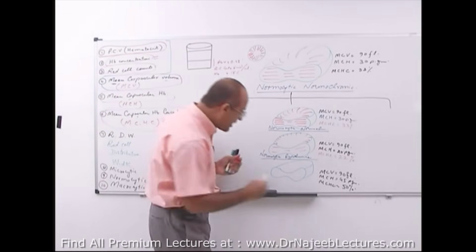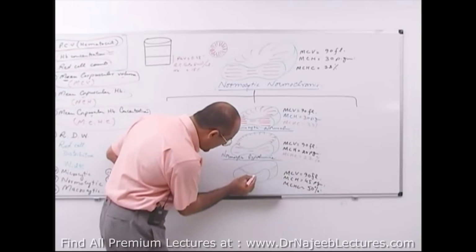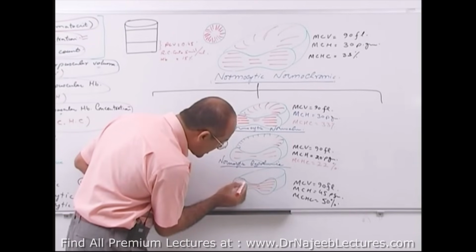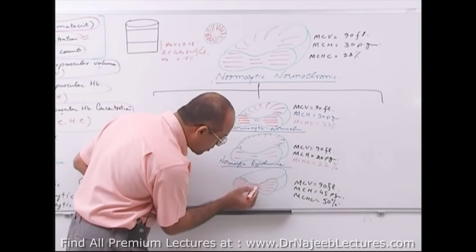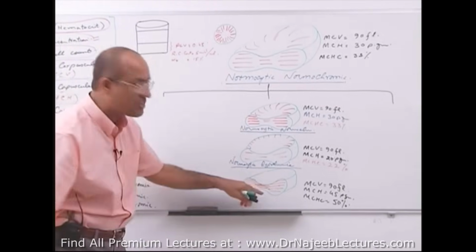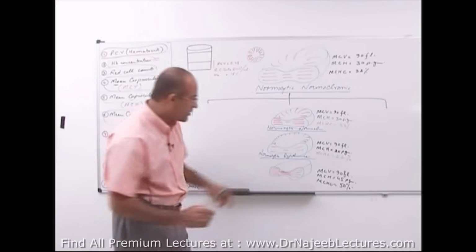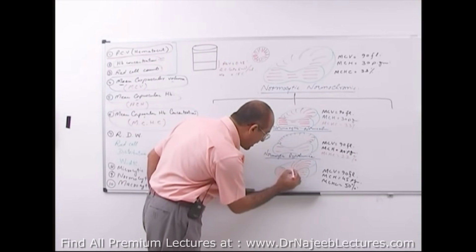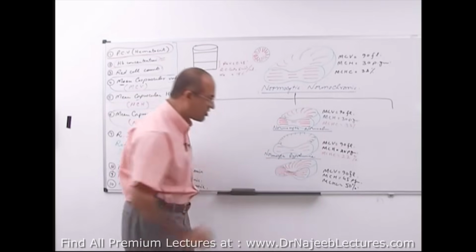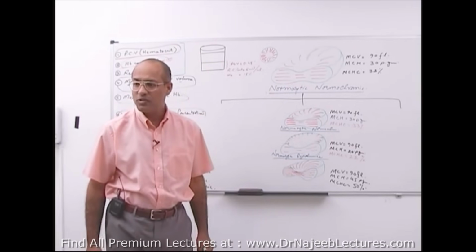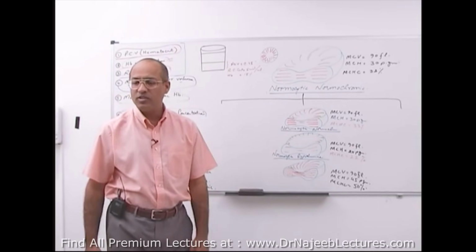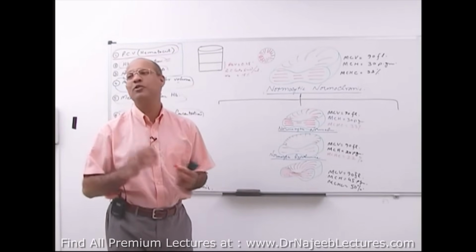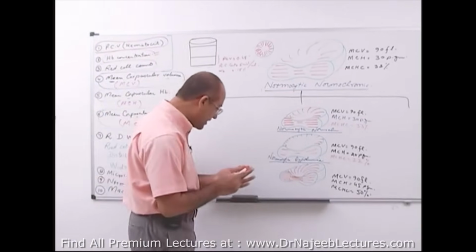So it is so rich in hemoglobin that, even though there is more hemoglobin on the sides, even the center is very well filled. So you may find central pallor is very, very small or almost disappears. So we'll call this cell normocytic, yes, hyperchromic.